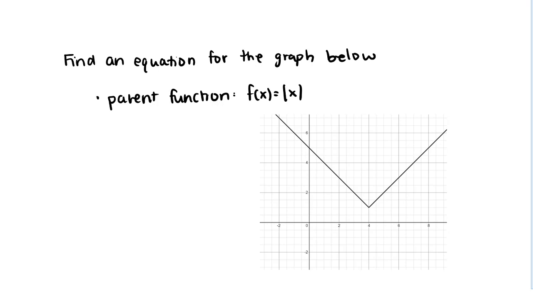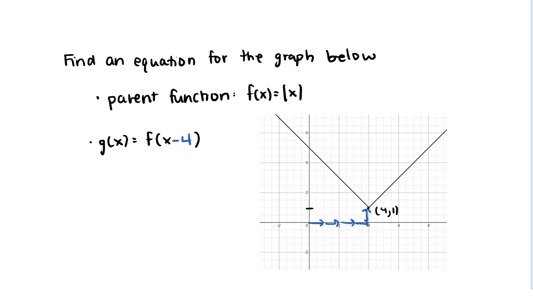So here I see that this tip is at the point 4, 1. It looks like our absolute value graph, but shifted to the right 4 units and up 1 unit. To shift right 4 units, let's call this g of x is equal to f of x take away 4.